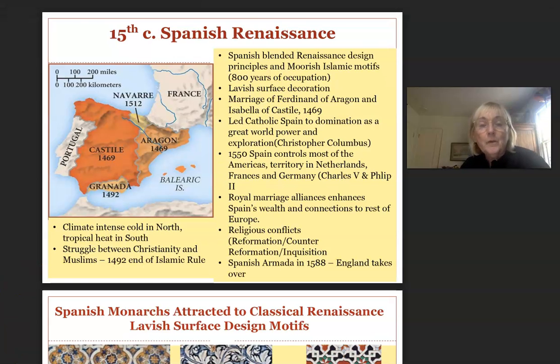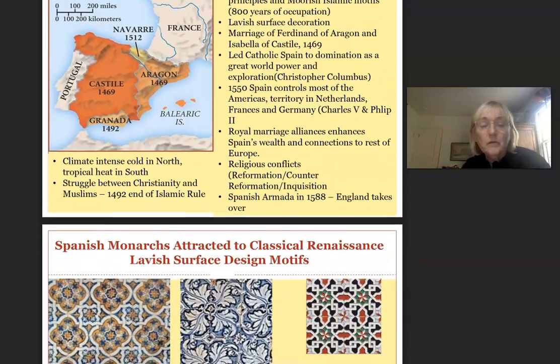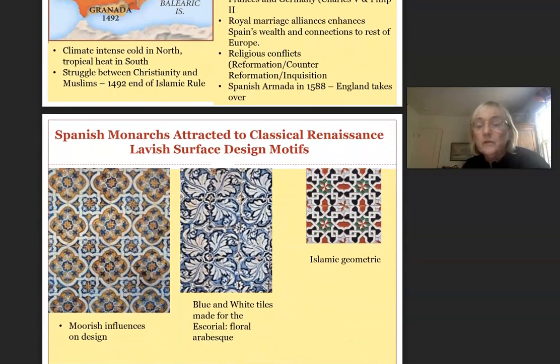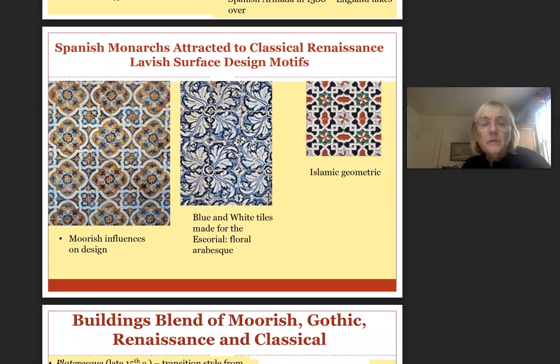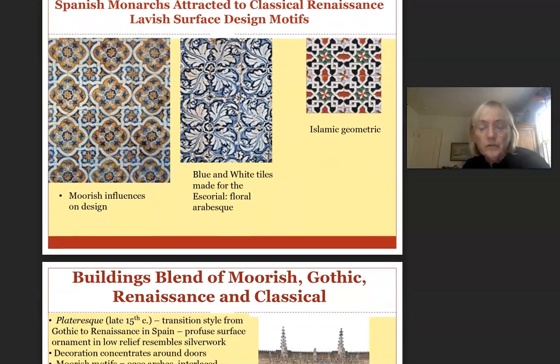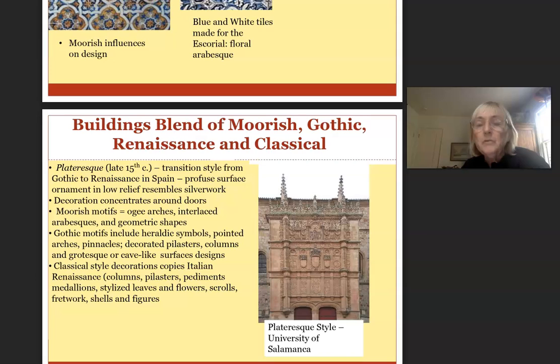When we take a look at the Spanish Renaissance, we're going to see the influence of classical motifs, but the Spanish Renaissance will be a little bit different. It'll be a little more lavish detail, more overall surface design, influence from the Moors, still a lot of verticality, still like the Gothic, but it's a mixture of Moorish, Gothic, and Renaissance and classical motifs, so you'll be seeing that.